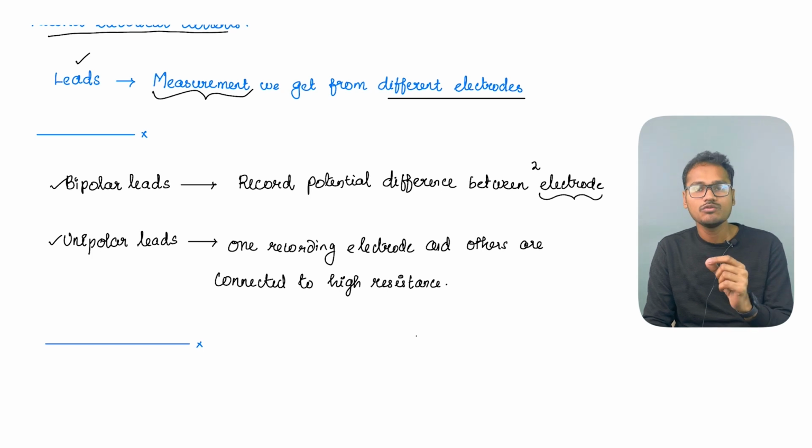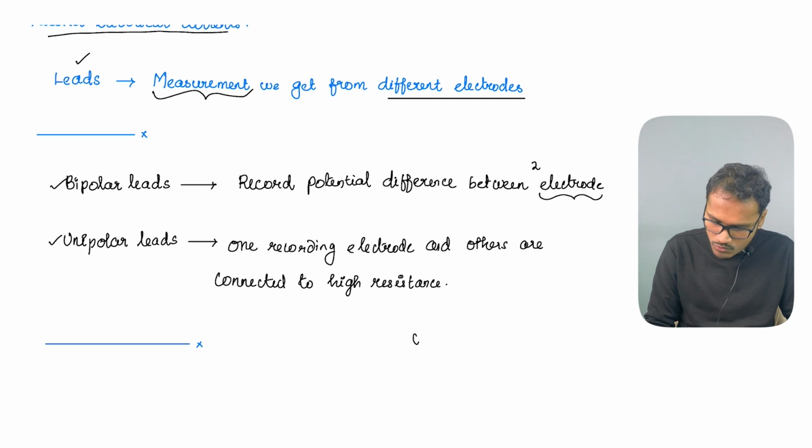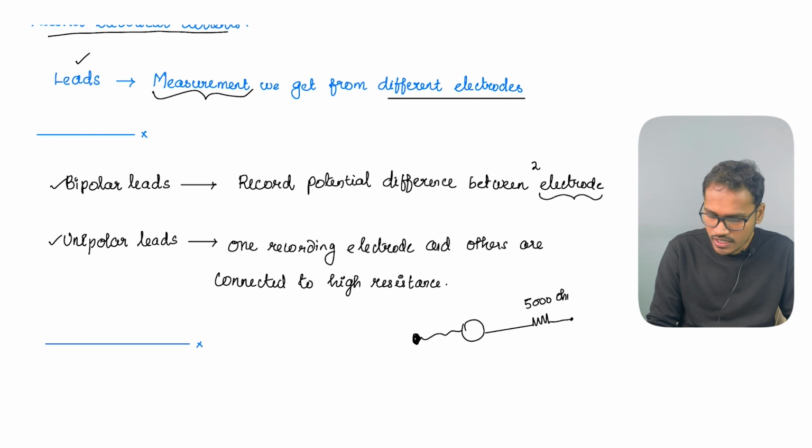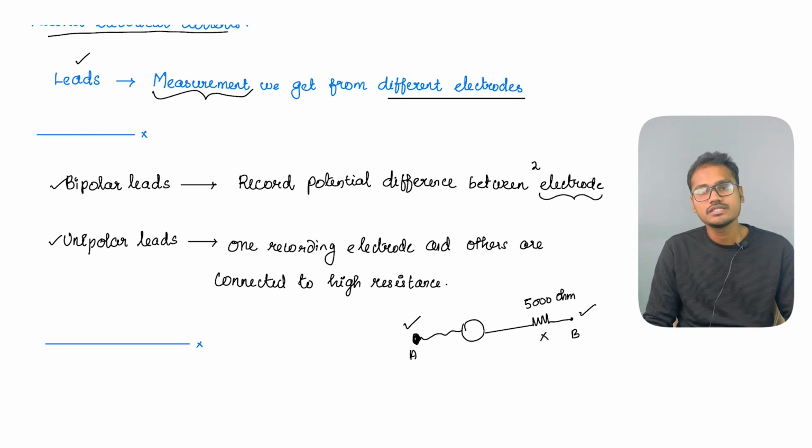Here also there is involvement of multiple electrodes, but there will be one exploring electrode, and the recording goes on while the other electrode is connected to a high resistance voltmeter. If it shows high resistance, like 5000 ohm, then whenever we measure the potential difference between these two points, A and B, we are not going to get any recording from B since it is connected to a high resistance voltmeter.